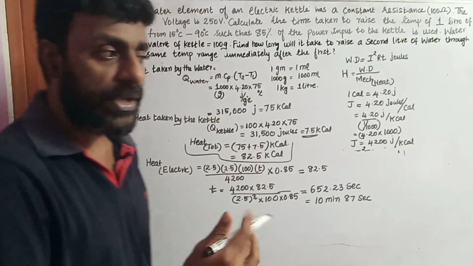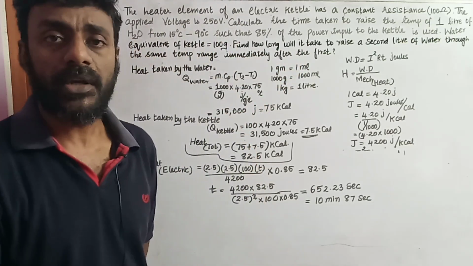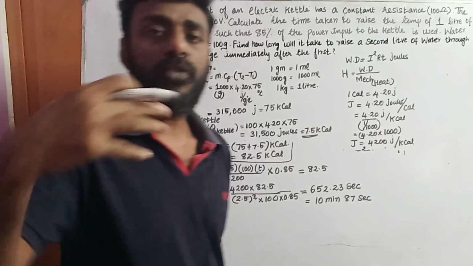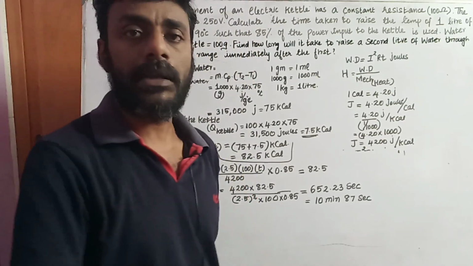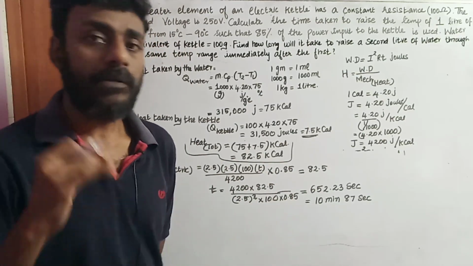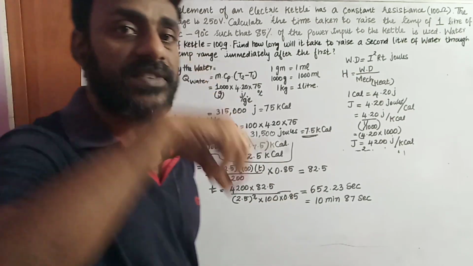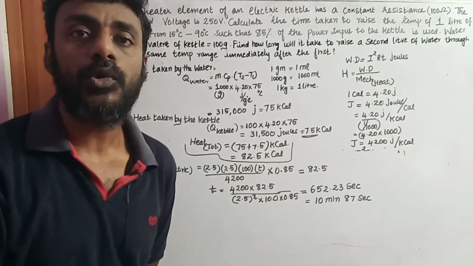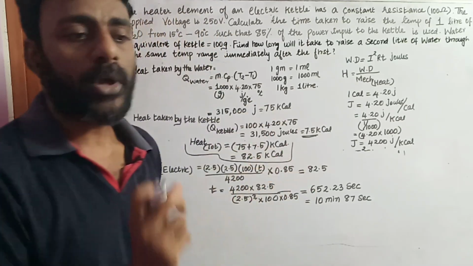Now they are replacing the 1 liter of water and putting another fresh consignment of 1 liter water into the kettle. So what will happen? Now the kettle will be hot, but the second consignment of 1 liter water which enters the kettle will not be at the temperature of the kettle.